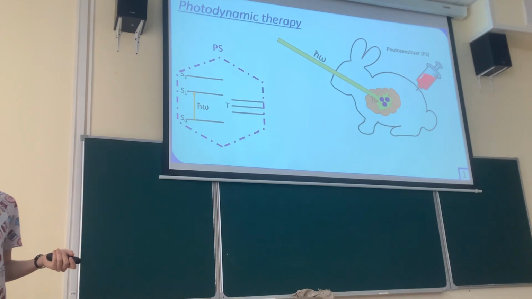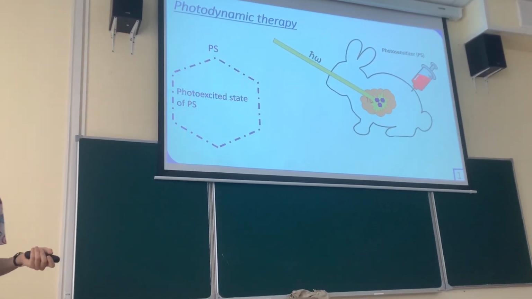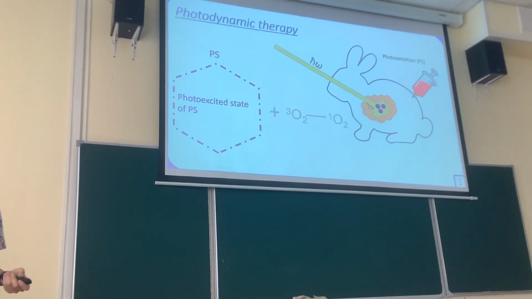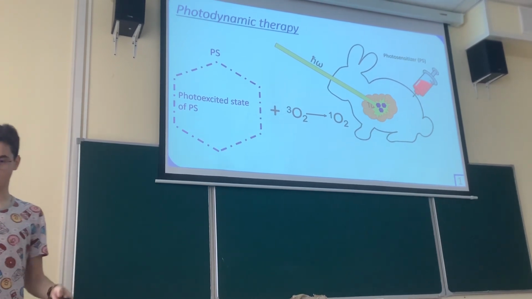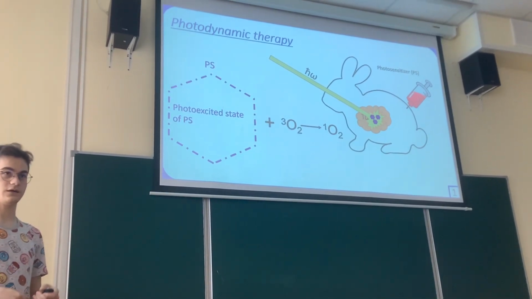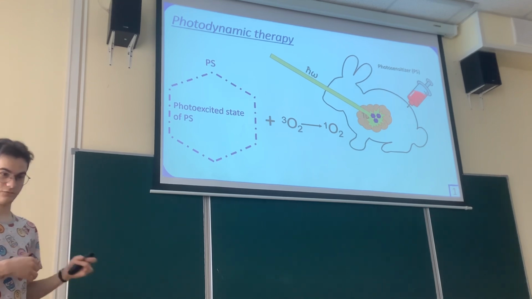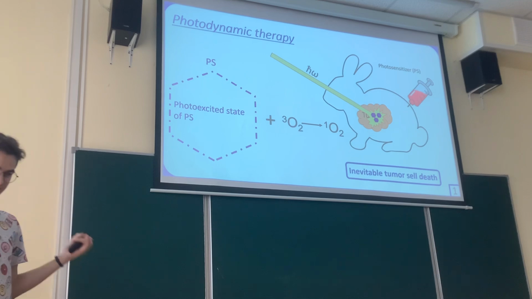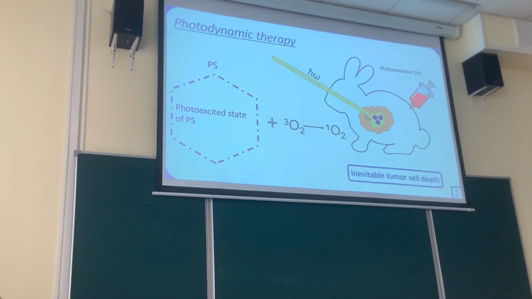Then, through intersystem crossing, it converts into the triplet state. This photoexcited state of the PS can then react with triplet oxygen, resulting in singlet oxygen. Singlet oxygen is a highly reactive species of oxygen, and it almost immediately gets involved in various chemical reactions, resulting in tumor cell death.